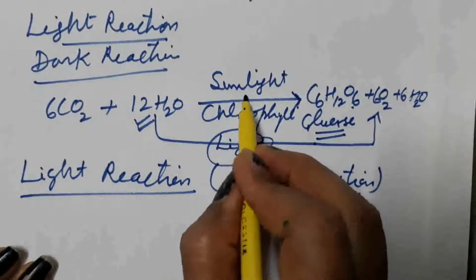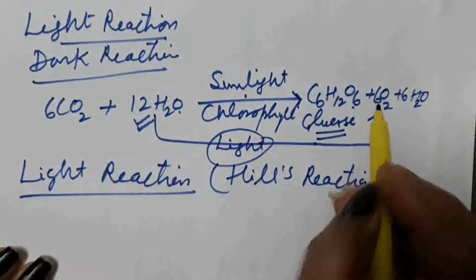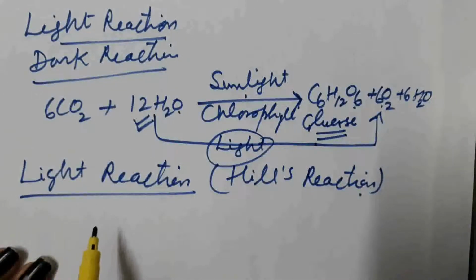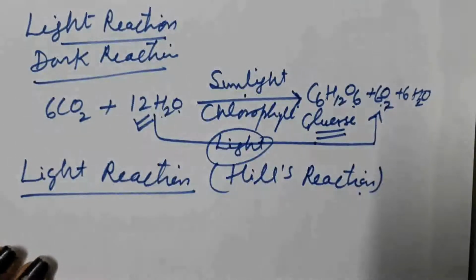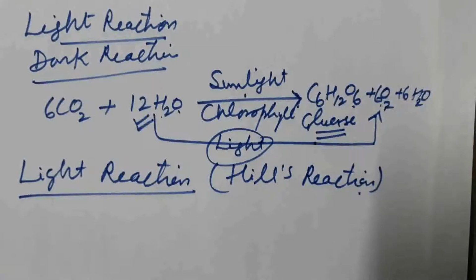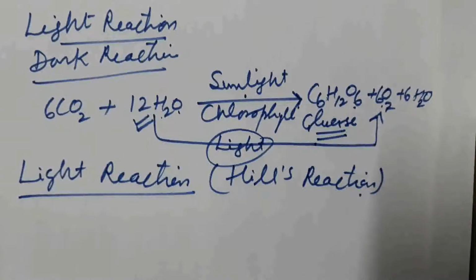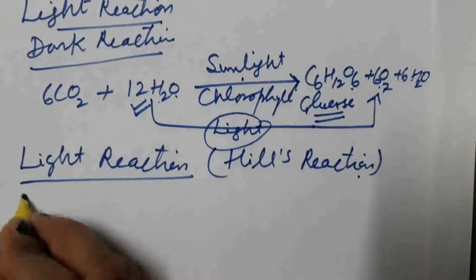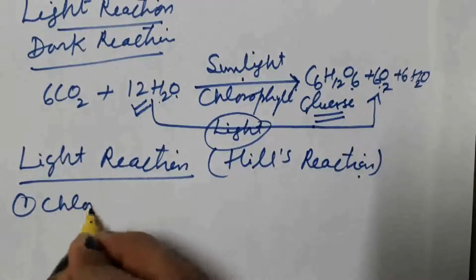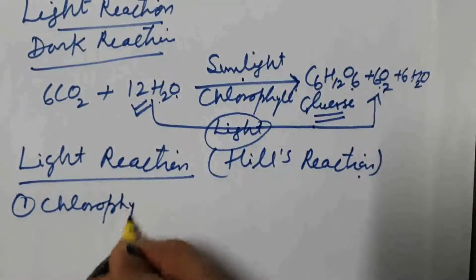In the presence of sunlight, water is broken down and oxygen is released. So in the process of photosynthesis, oxygen is released from water. This is a very, very important question from the point of view of your examination. What are the other steps of light reaction? Chlorophyll absorbs light energy.